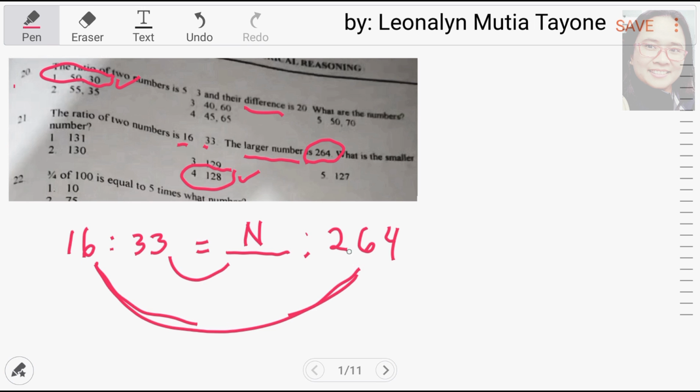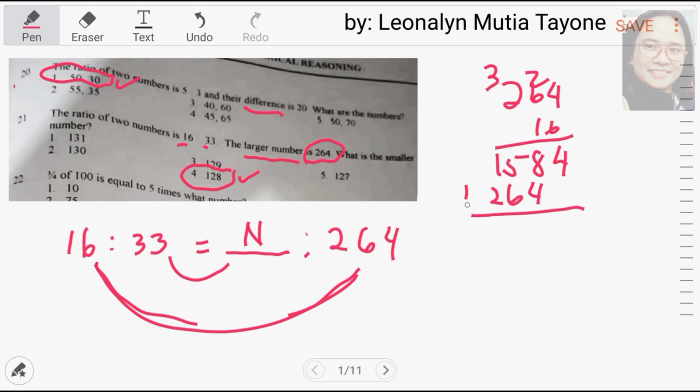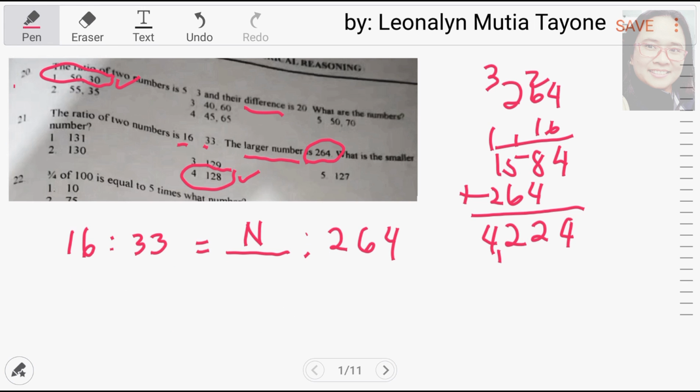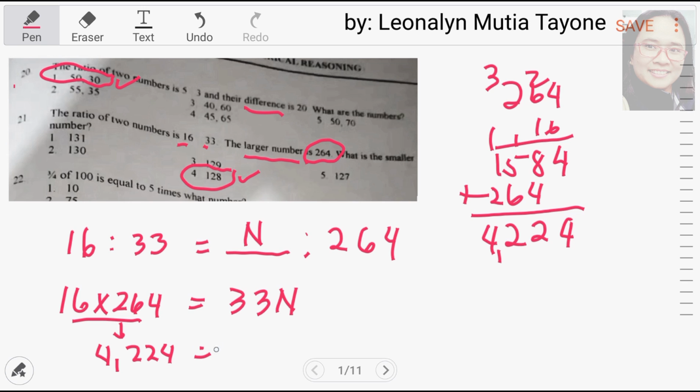I-multiply natin si 264 at saka si 16 isa-isa. 16 times 264 is 4,224. So, ganito na bali siya: 16 times 264 equals 33n, and this one ay 4,224, 33n.